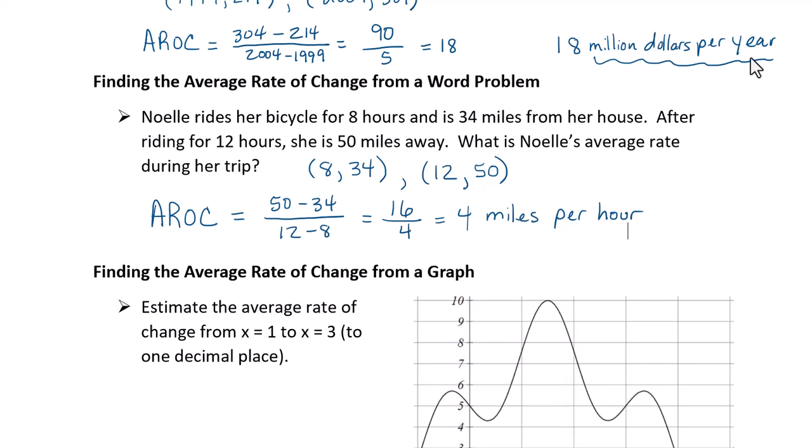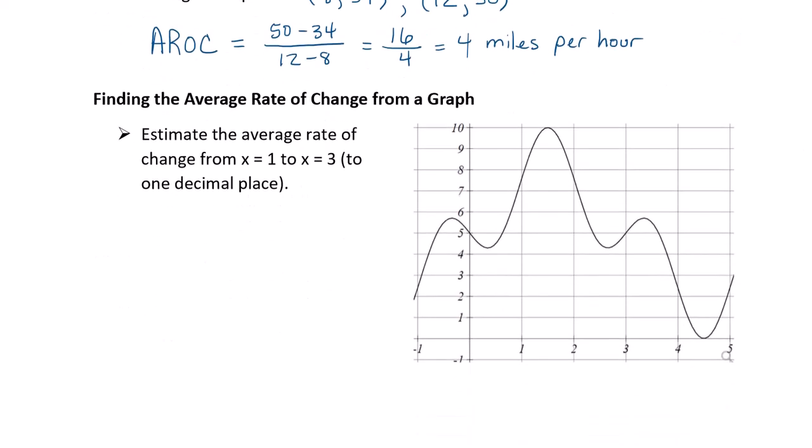How about we find the average rate of change from a graph? Here we want to estimate the average rate of change from x equals 1 to x equals 3. So at x equals 1, we're about right here. And at x equals 3, we're about right here. So we will have to give some kind of an estimate here. We're not given the formula for this graph. We're not given the output on the y-axis for the first point, but I do know the x is 1 and the y, let's say it's about 7.6.